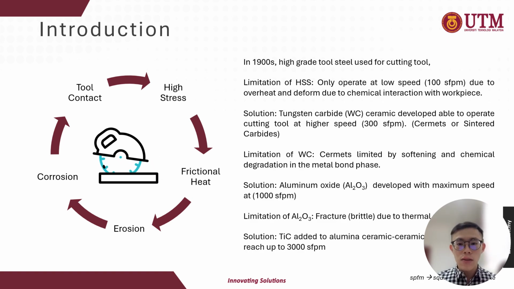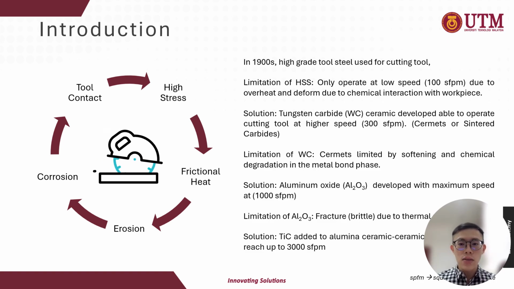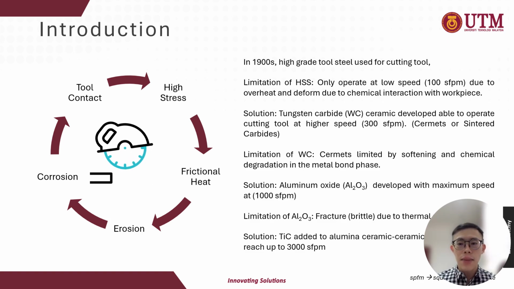The solution for high-speed tools was tungsten carbide, that is WC. Ceramic was developed that was able to operate the cutting tool at a higher speed, that is 300 square feet per minute, consisting of cement or sintered carbide.